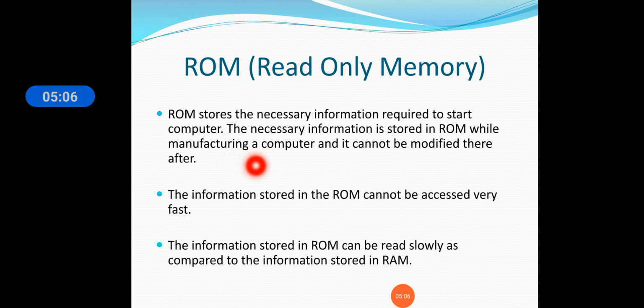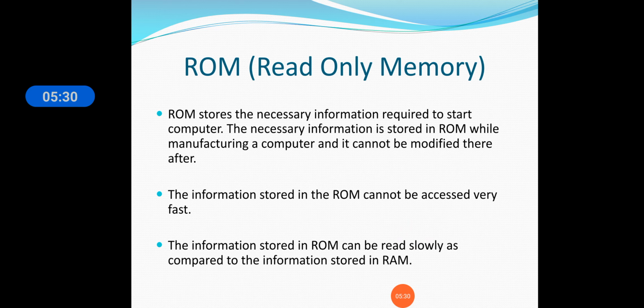When the computer is built inside the company, at that time some information is already there in your computer, but you cannot modify that information. The information stored in the ROM cannot be accessed very fast. It can be read slowly as compared to information stored in RAM.